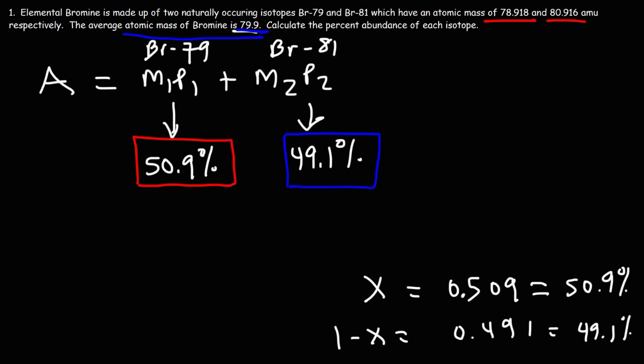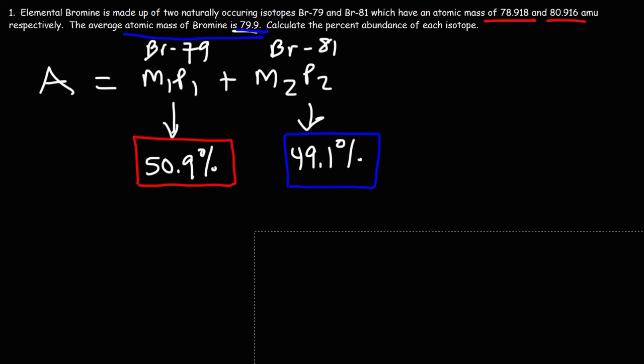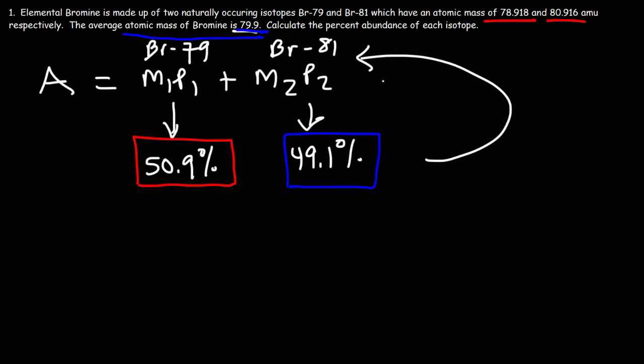Now, if you want to, you can also check your work to make sure that you have the right answer. In order to do that, plug the numbers back into this formula and make sure that you get the average atomic mass.